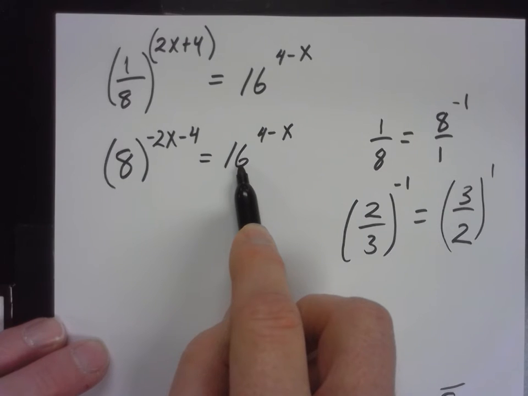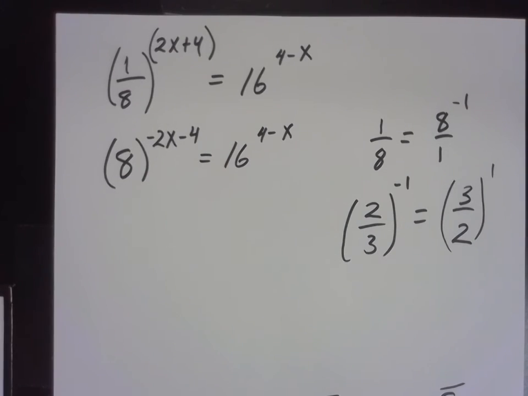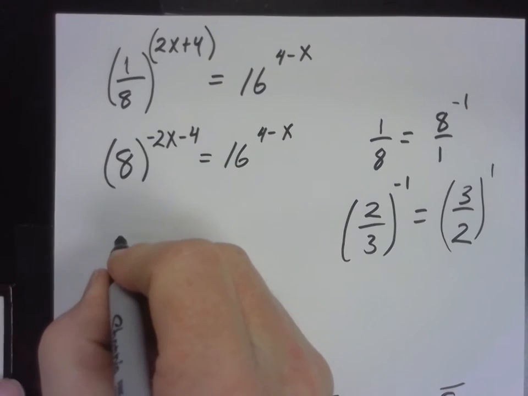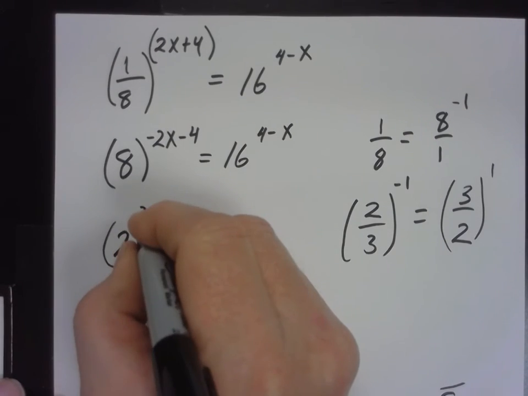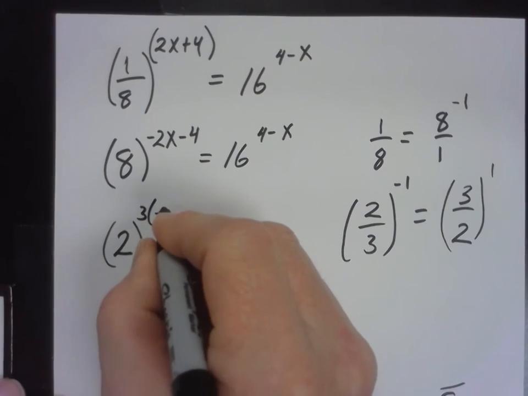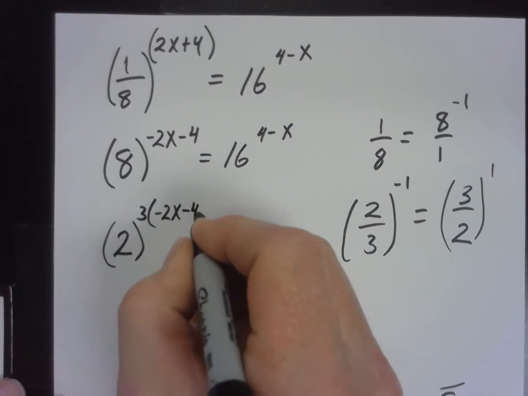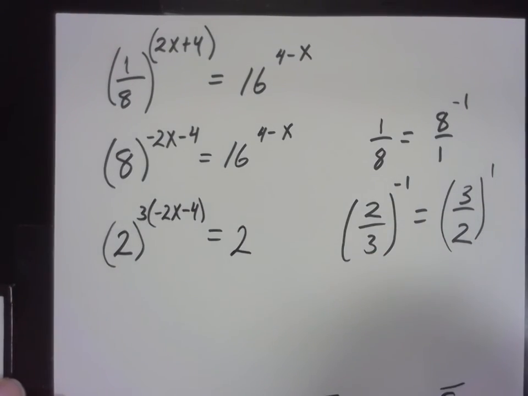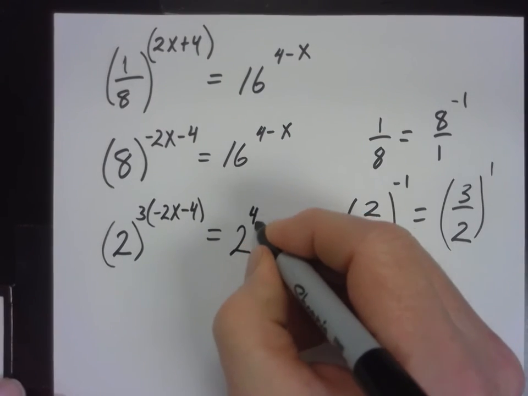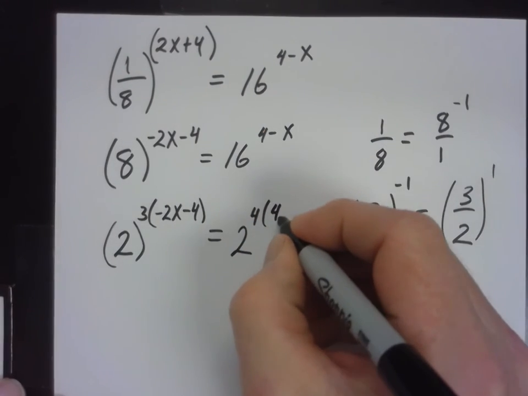No, it's 8 times 2, but it's not 8 to an exponential power very easily, is it? But can we write 8 as a 2? 2 to what power? 3. The 3rd power, which would have to be multiplied by the exponent we already have. What about 16? 2 to the 4th power, which would also have to be multiplied by the exponent that's already there.